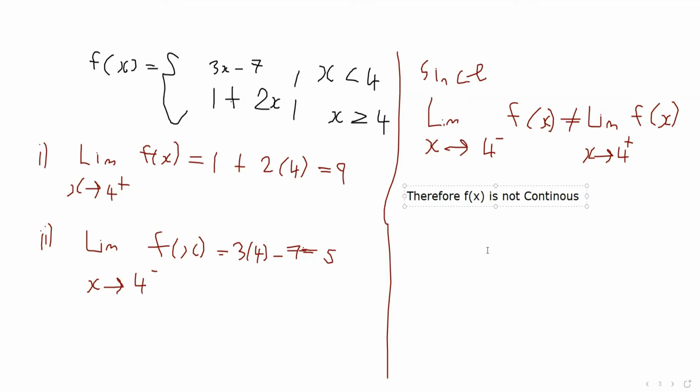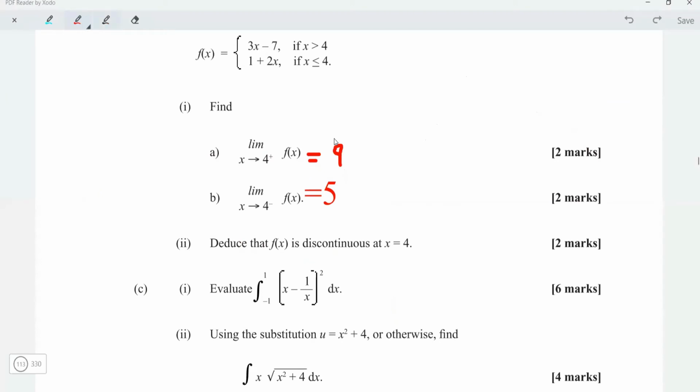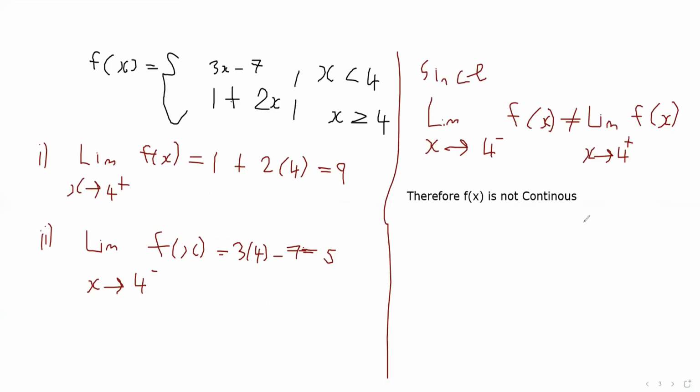And that's it, f of x is not continuous. Nice. Now we deduce that it is not continuous at x equal 4. All right, therefore f of x is not continuous. You have to tell them at x equal 4.